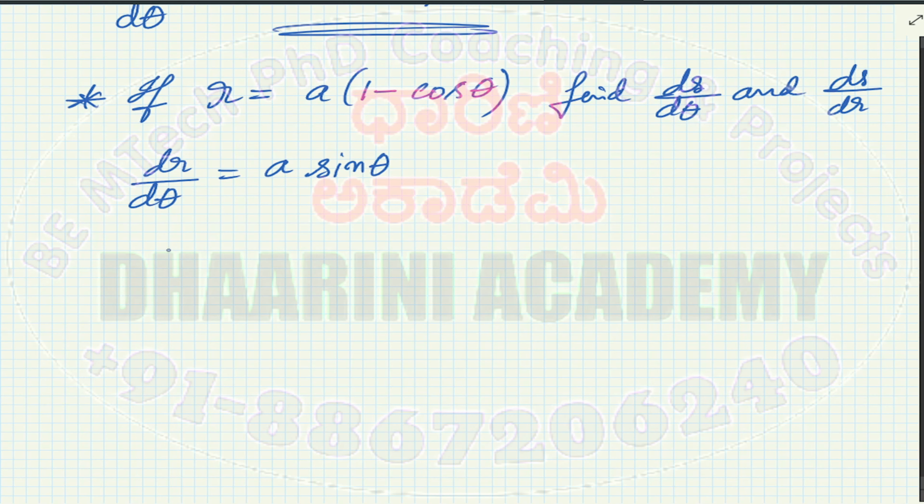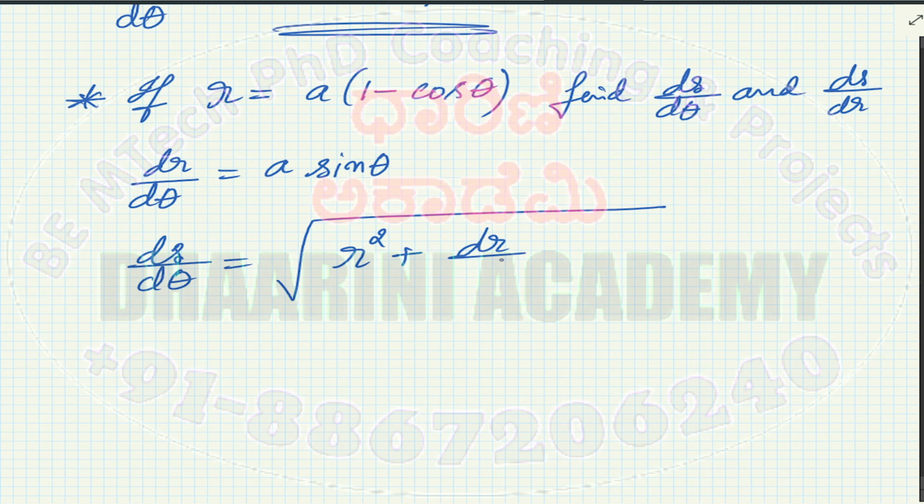If you want to find ds by d theta, this can be calculated as the square root of r square plus (dr by d theta) the whole square. So we have already written this equation, and now we are simply using it.